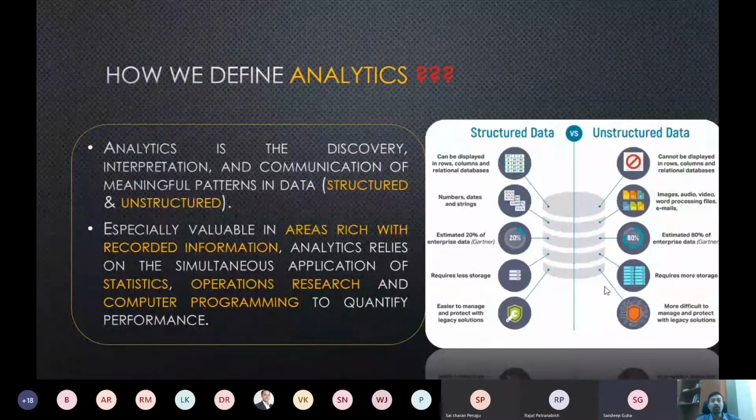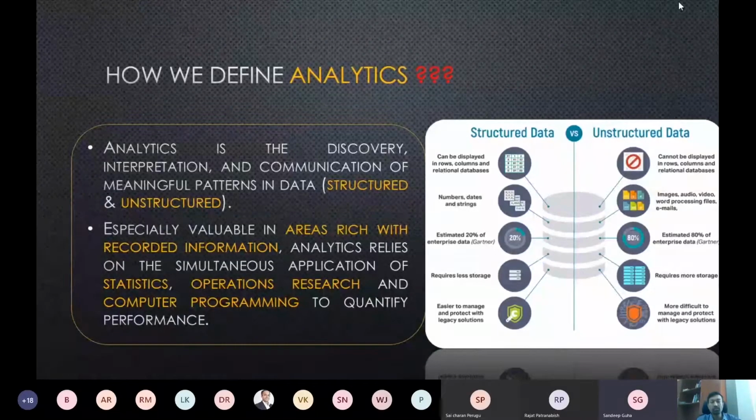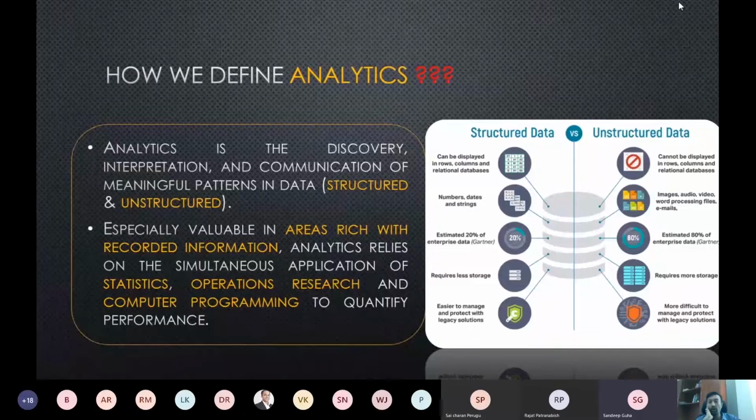Analytics is the discovery, interpretation, and communication of meaningful patterns in data. And data can be classified into structured versus unstructured. How we differentiate these two, you can see in this diagram. In the case of structured data, it can be displayed in rows and columns, and we normally find it in the form of relational databases.